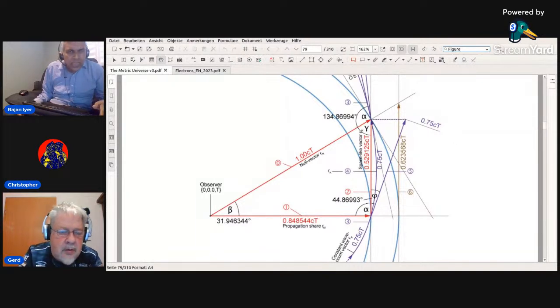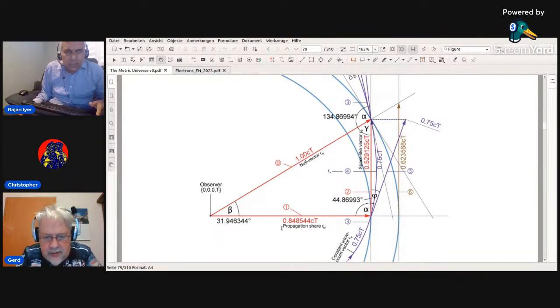Oh yeah, so you are saying, okay, the observer, and you have the propagation and the null vector. What is the null vector? One moment. So where is the subspace? Where is the metric space? Here you have the propagation share of the metric wave field, and that's the expansion share of the whole universe. But it's curved, as you see.